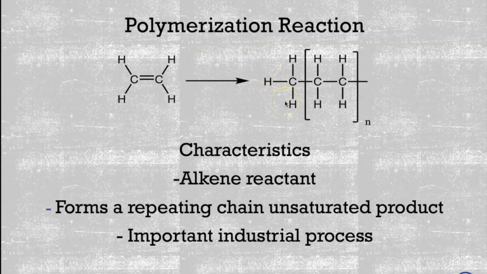A polymer is simply defined as a molecule that reacts with itself and makes multiples of itself. If we take a look here, the n value in the lower right-hand corner says that this particular unit, the CH2 unit, repeats as many times as necessary. So we can have long-chain polymers and short-chain polymers, and the use of the polymer will depend on the length of the chain.